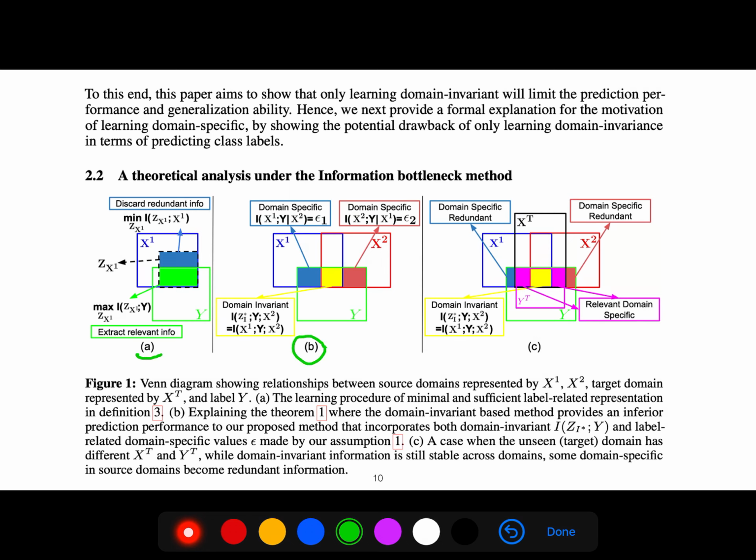In B, they explain in Theorem 1 where domain invariant-based methods provide an inferior prediction performance to our proposed method that incorporates both domain invariant and label-related domain-specific values. And in C, a case when the unseen domain has different X and Y, while domain invariant information is still stable across domains.